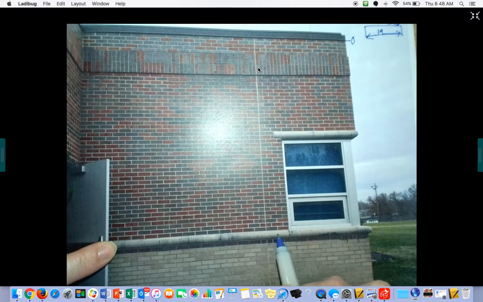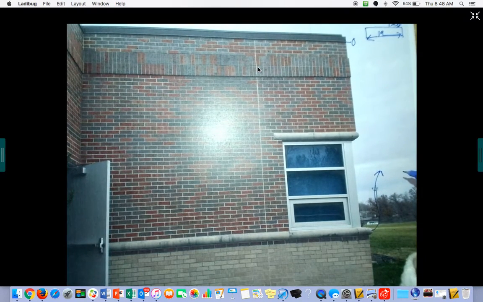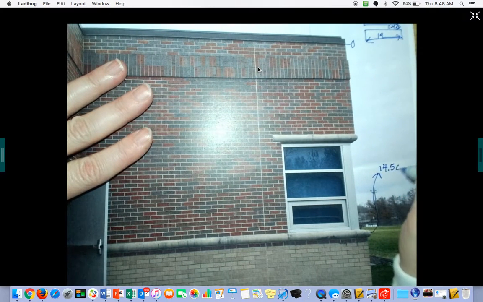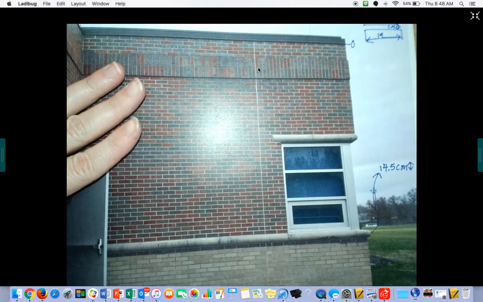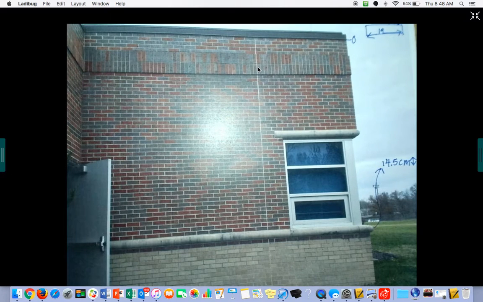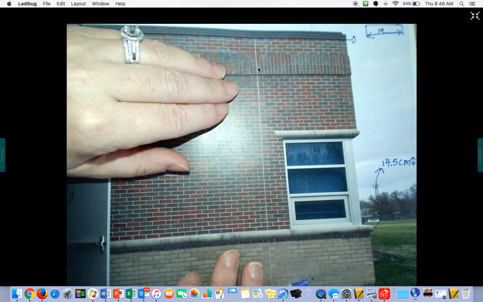This large concrete hump down here is 14.5 centimeters tall, okay? Now, since that guy had the ability to have a meter stick placed there, it made things a little bit easier.